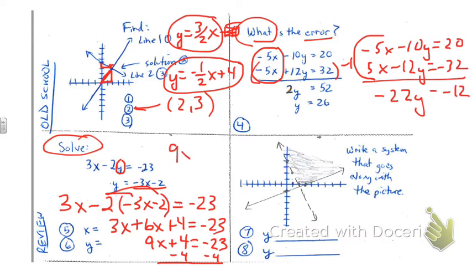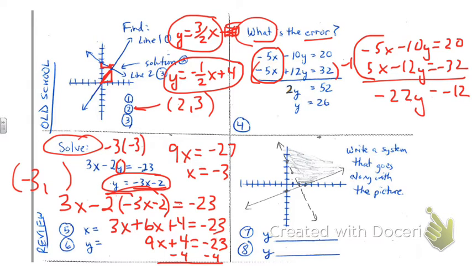So I have 9x equals -27. x would be -3. So that's the first coordinate of your solution. Sometimes the problem is going to ask you for both coordinates, sometimes it's going to ask you for one or the other. To find the y coordinate, I go back to this equation, -3 times -3 minus 2. That's 9 minus 2, which is 7. And you can check it in the first equation to see if it works.